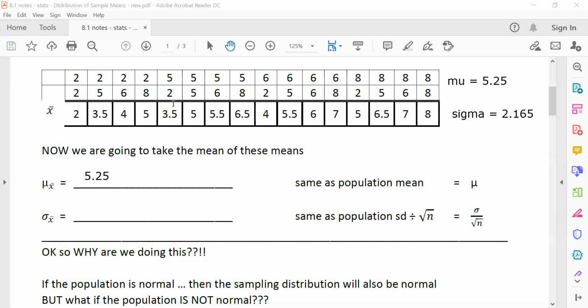Now, if we take the standard deviation of all of these, let me do that here in Excel.